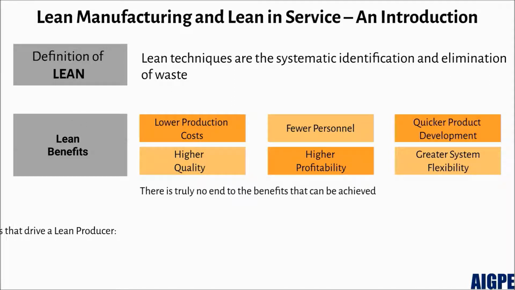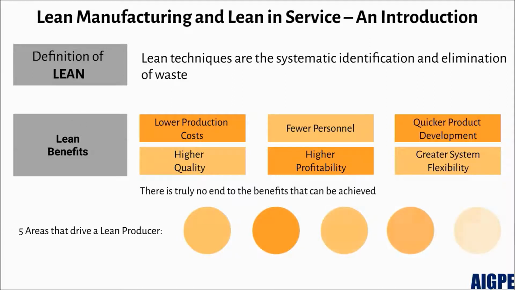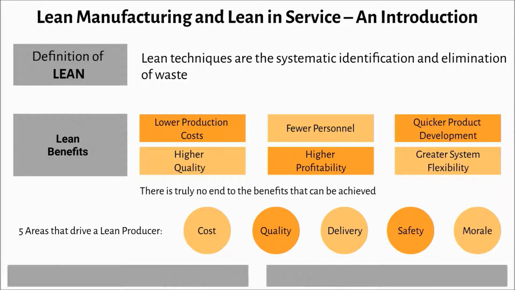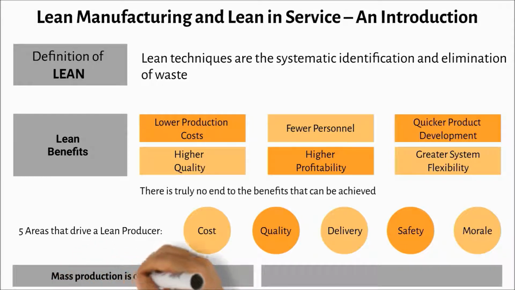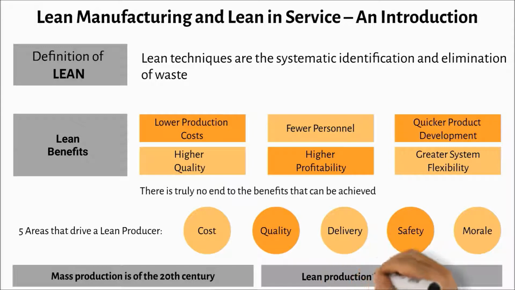Generally, five areas drive the lean producer: cost, quality, delivery, safety, and morale. Just as mass production is recognized as the production system of the 20th century, lean production is viewed as the production system of the 21st century.